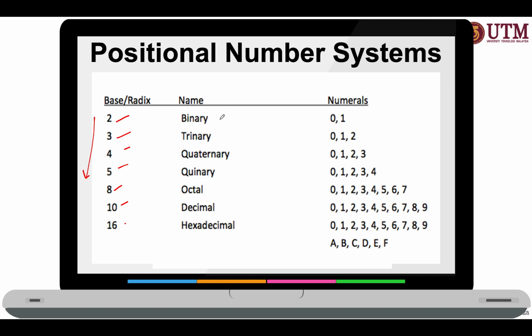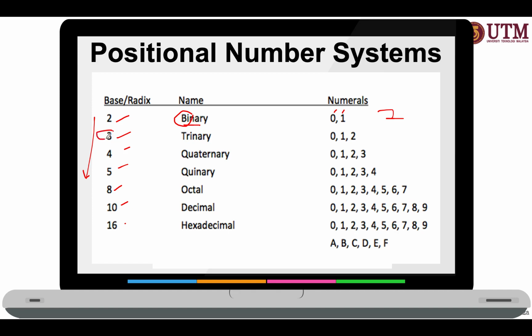Binary is, of course, as we know in science, bi is 2, so it is binary, and the digits are 0 and 1. Because it is base 2, it only has 2 digits. The first digit is 0, and the second one is 1.